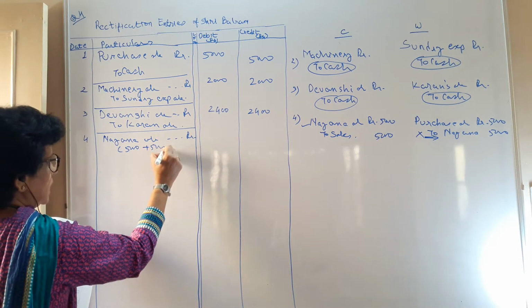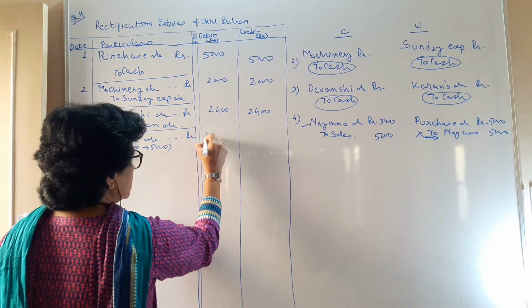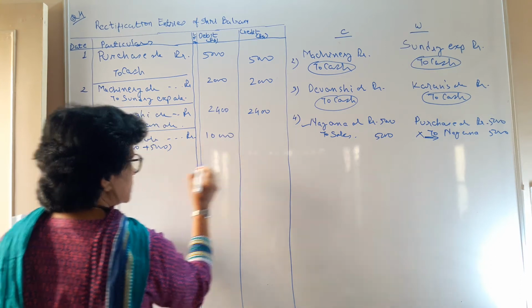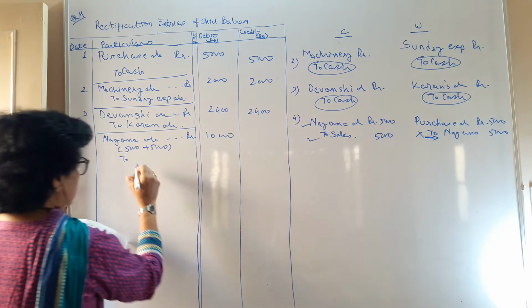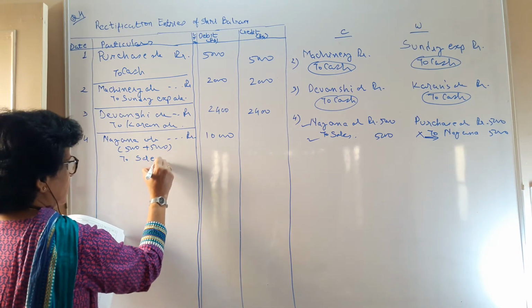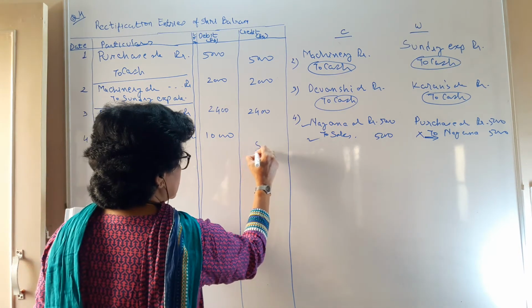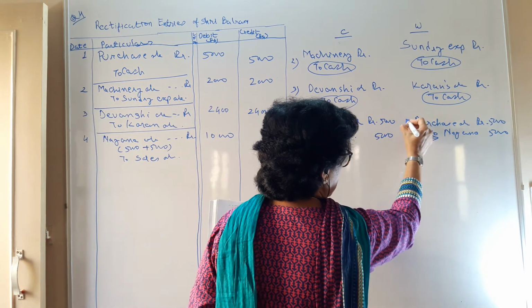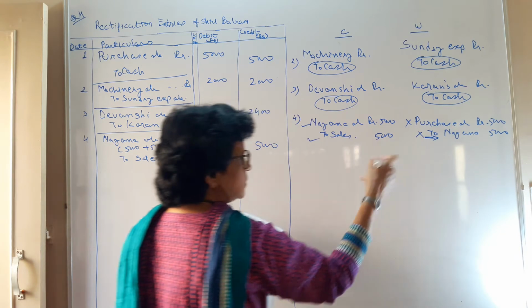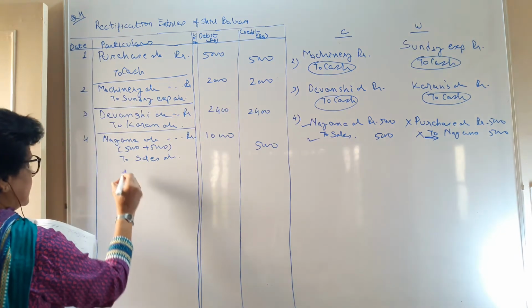So Naina, you are going to debit two times, that is 10,000, to sales account. What you have not recorded, to sales account. So that is the correct posting, 5,000, and purchase account you have wrongly debited. So that also has to be nullified by giving credit effect.